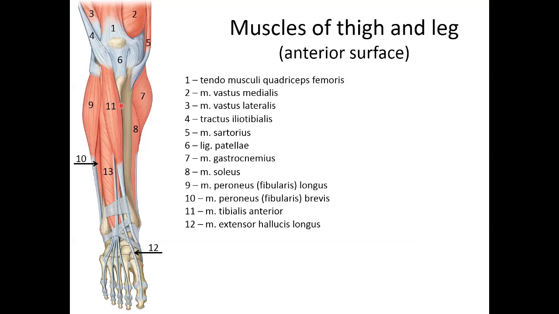It's easier than distinguishing the muscular part of each muscle. Tendons are more clearly demonstrated here. So number 12, extensor hallucis longus. And then number 13, here it is.